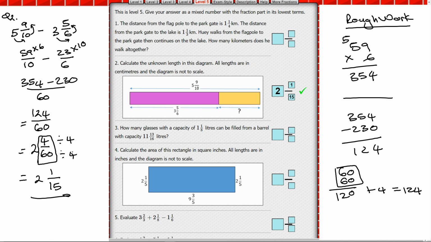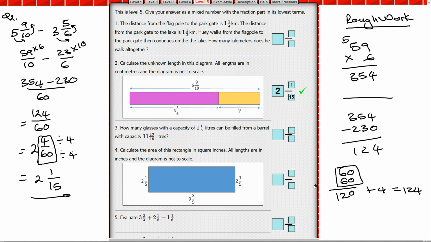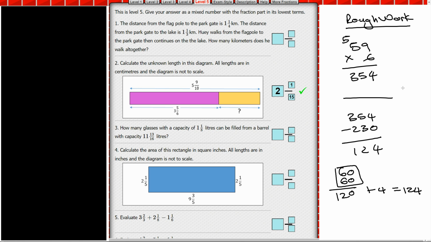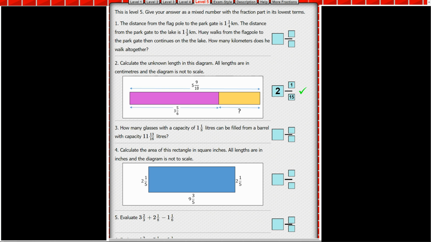Okay, let's go through question 1. I'm going to keep the right-hand side for my rough work. Question 1 says the distance from the flagpole to the park gate.